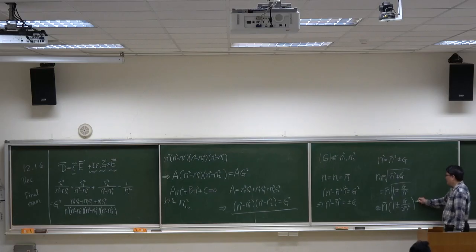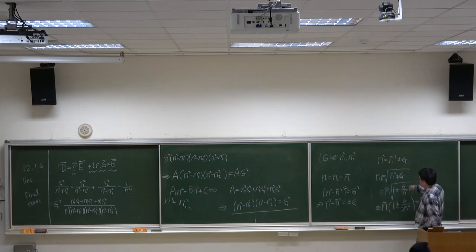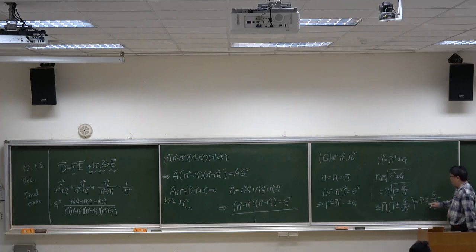So this is n bar plus or minus g over 2 n bar.